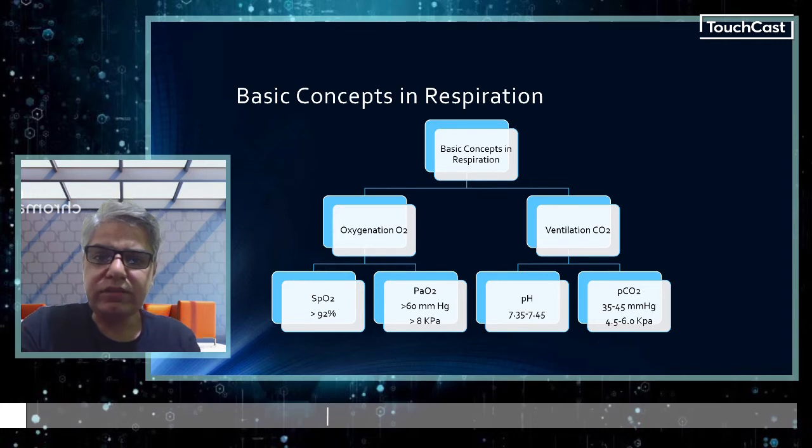The first is what we call the saturation level at room air. Oxygen saturation at room air should always be greater than 92%. The other thing you can determine to know if the oxygen levels in the blood are normal or not is by doing an arterial blood gas, or in kids we do a capillary blood gas.